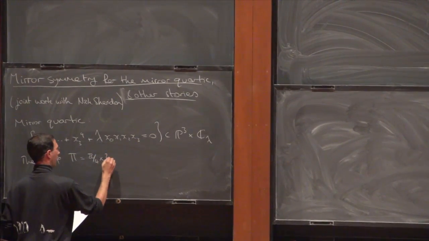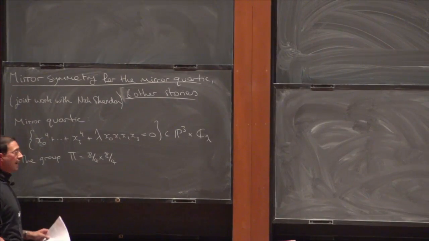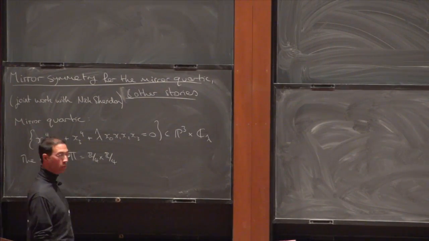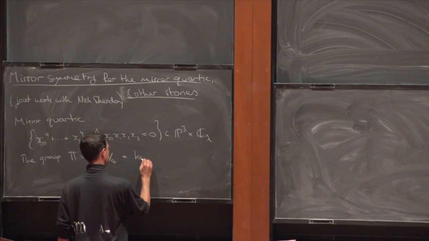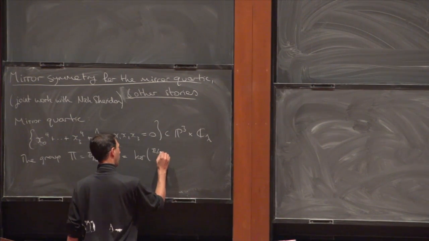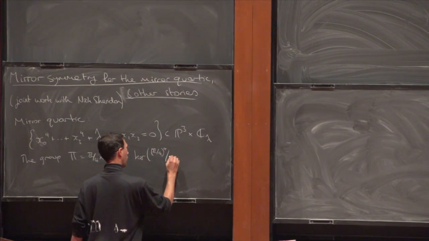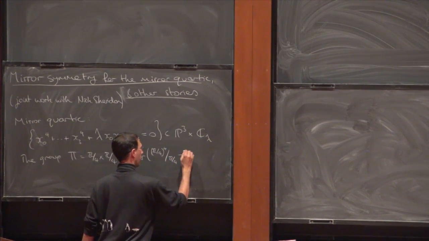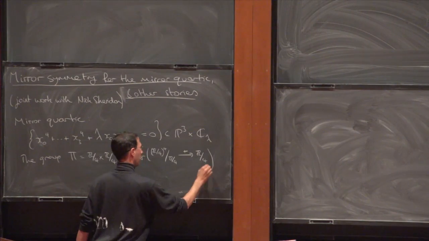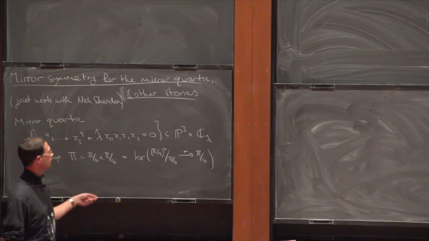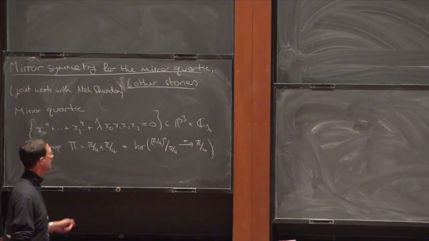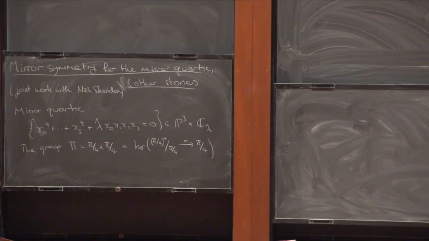So there's an action of the group Z mod 4 times Z mod 4 on all of these. It's easiest maybe to see this as: you think about Z mod 4 acting on all of the coordinates of projective space fiber-wise. That's a Z mod 4 to the 4th.